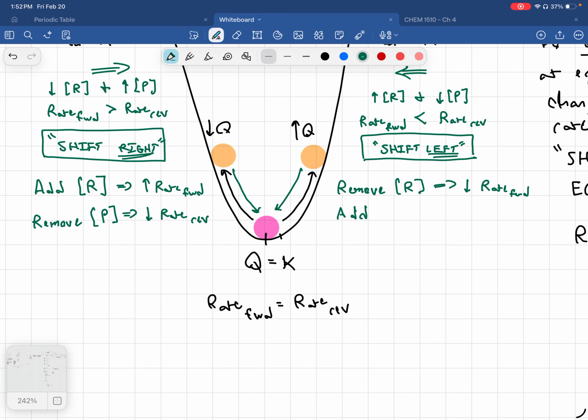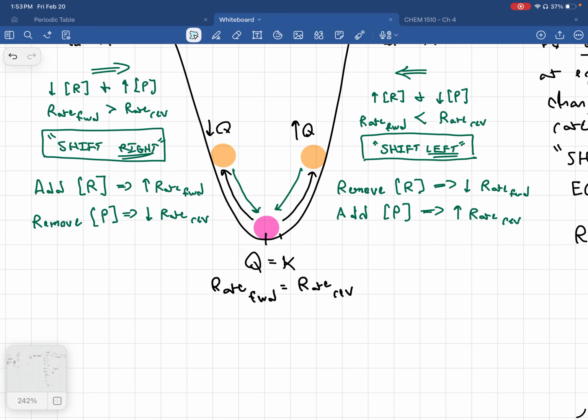Okay, if we add products such that the product concentration goes up, well, now that change is making the reverse rate faster, which again leads to the reverse process happening faster than the forward process, and it leads to a shift left, an increase in the concentration of reactants and decrease in concentration of products until a new equilibrium rate is established.